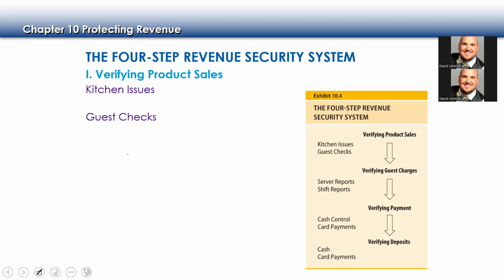Okay. Then we compare what was issued to our guest checks. So what does the servers' report say? Okay. And so if we take a look down at the variance, we want to take the information from the top 2 tables.